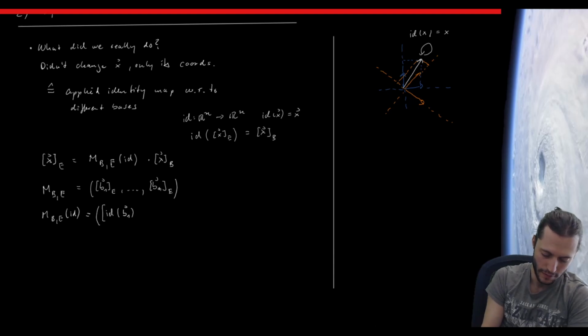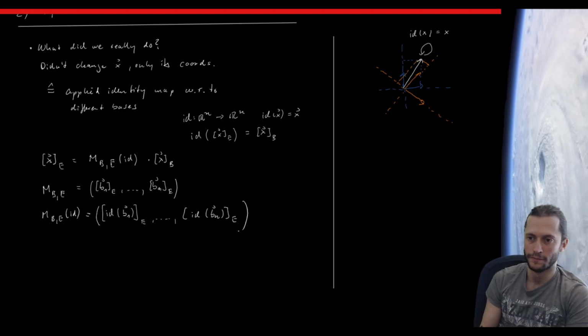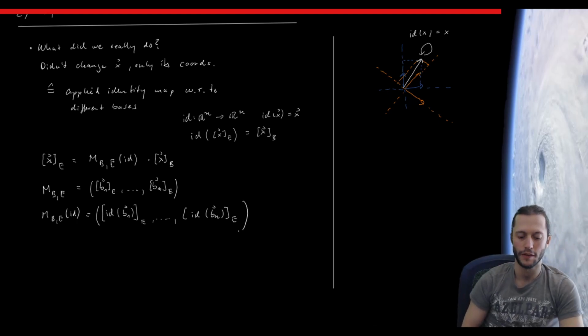But in coordinates of the new basis, you started in B and you go to E and you express these coordinates in the new basis. And you do this for all basis vectors.